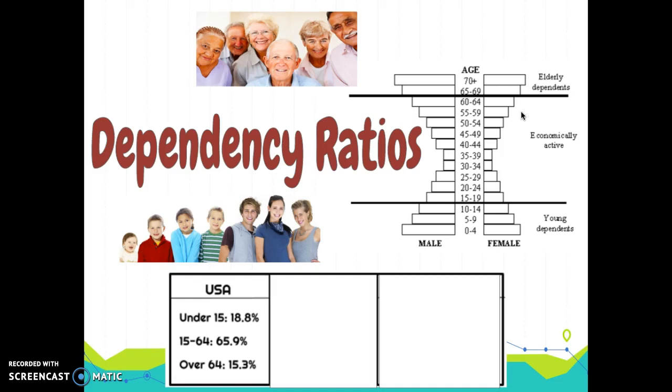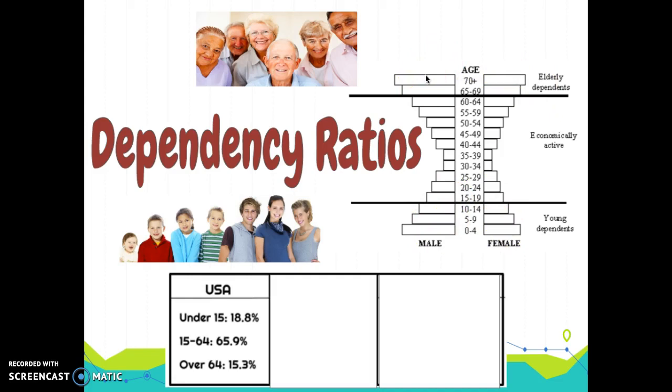And so keep in mind that the greater the dependency ratio, the greater the financial burden on those who are working to support those who are not, right? So we have to think about all of these economically active people are helping to support the youth and the elderly people in the society.